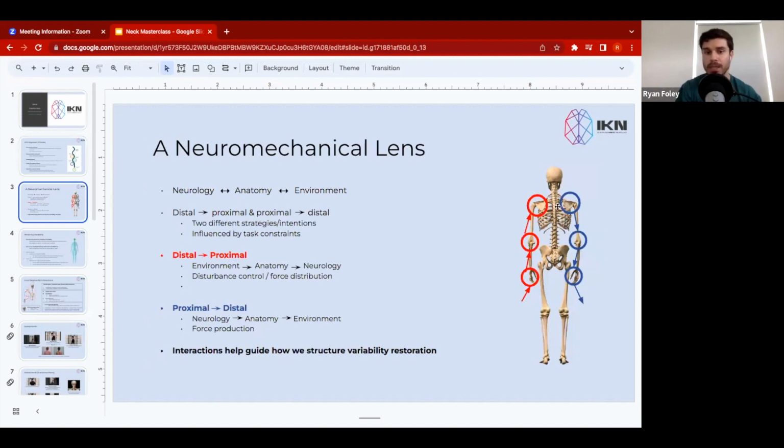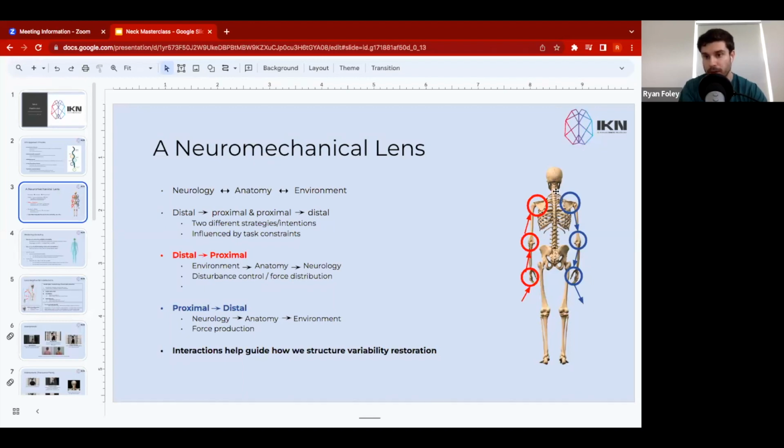If we skip a slide now and look at the skeletal design of the anatomy, if you joined past masterclasses, we typically discuss this overarching neuromechanical feature, especially if we're looking at things through a segmental lens: the segmental arrangement of the midline region relative to the limbs.